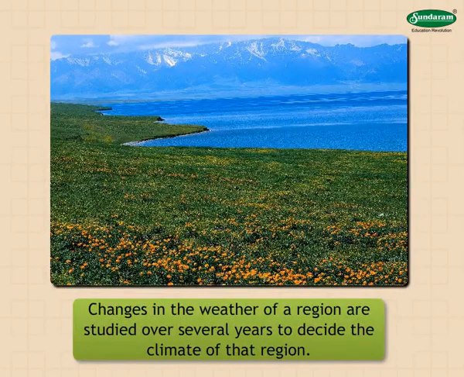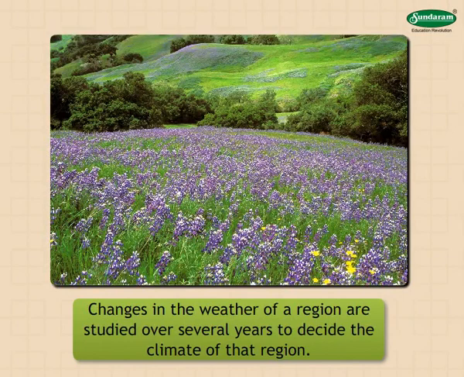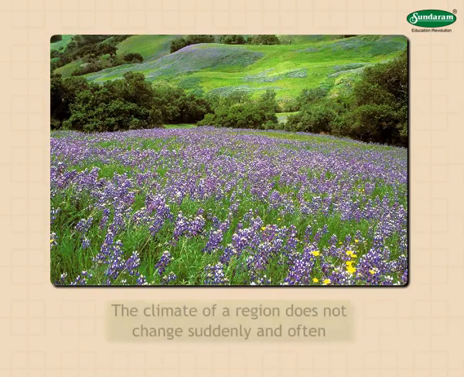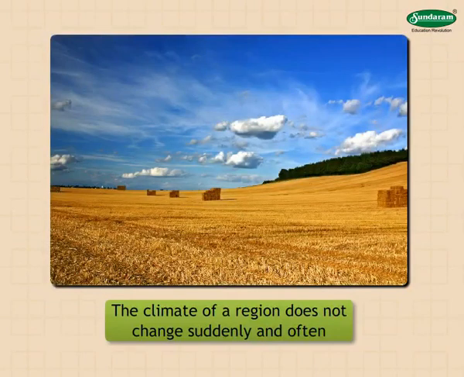Climate. Changes in the weather of a region are studied over several years to decide the climate of that region. The climate of a region does not change suddenly and often, as does the weather.